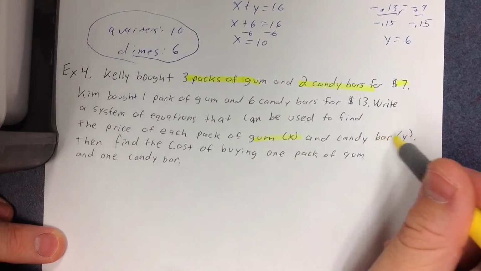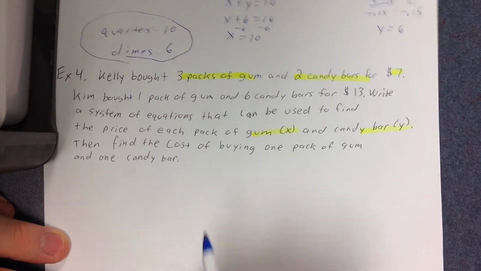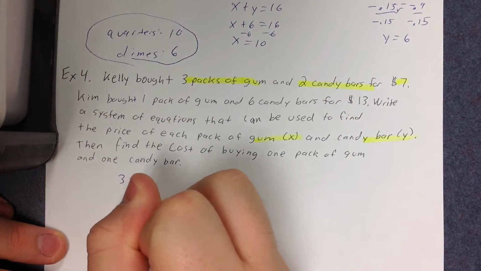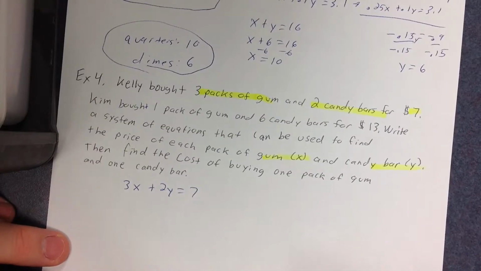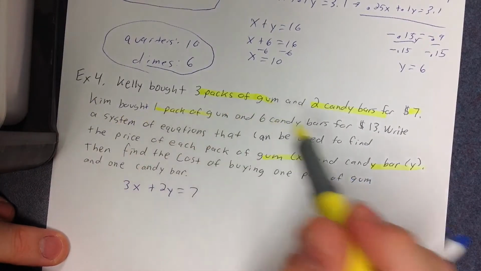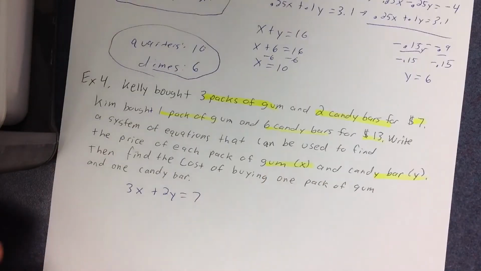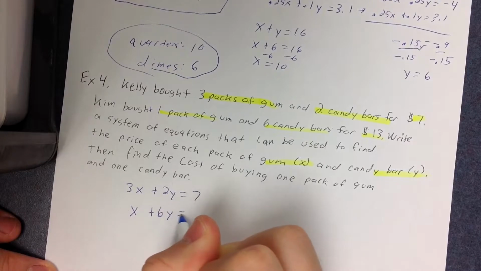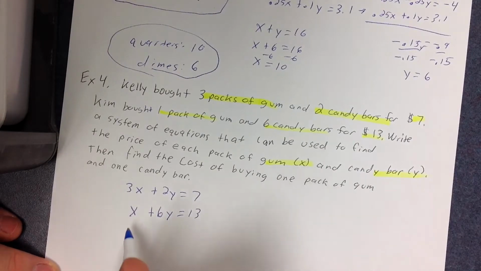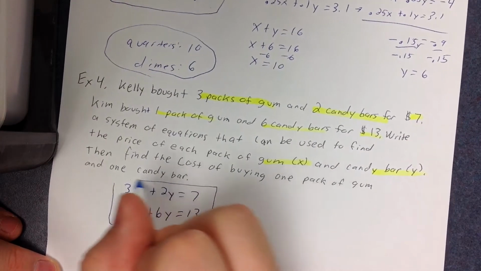So gum is X, candy bars is Y. So 3X plus 2Y equals 7. Then Kim bought 1 pack of gum and 6 candy bars for $13. So just 1X plus 6Y equals 13. So this is my system I'm dealing with.